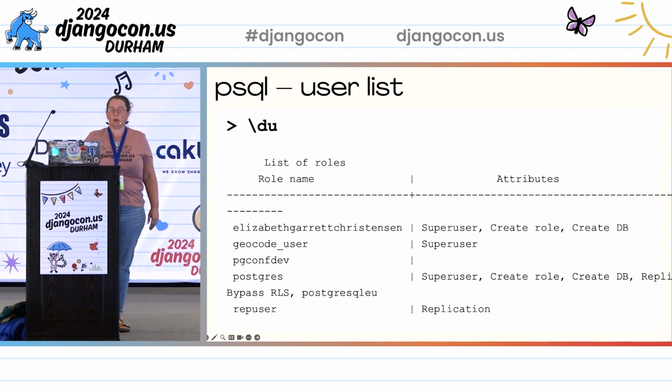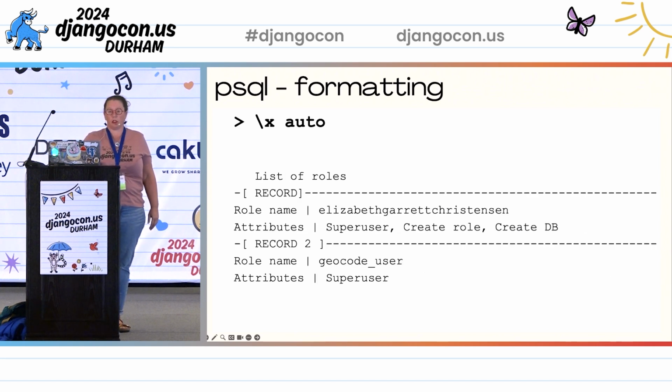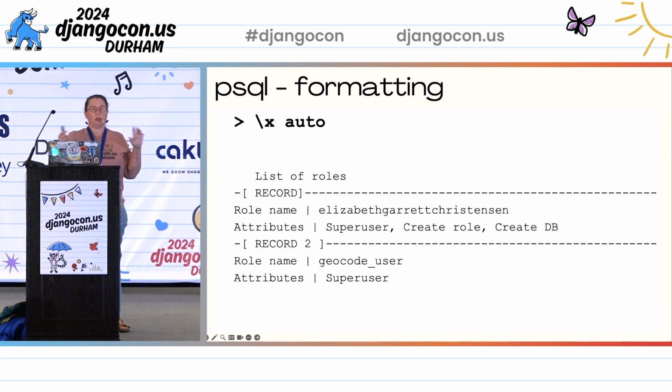You can do a \du and find out who else is in this database. So who else has permissions, what other applications might be in here, all kinds of stuff like that. You can change the formatting with \x auto. If you've ever queried through the command line, the queries just get really long and go out to the right and are impossible to read. This is a way that it'll batch up all the records for you, and it's easier to read.